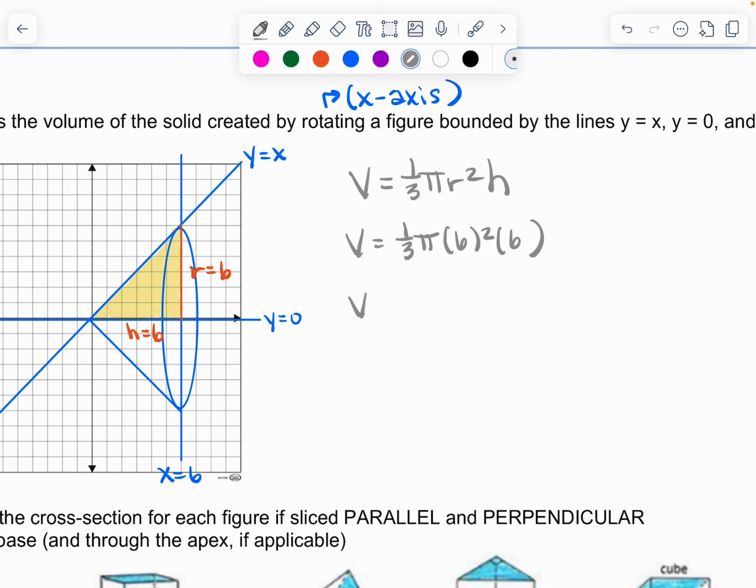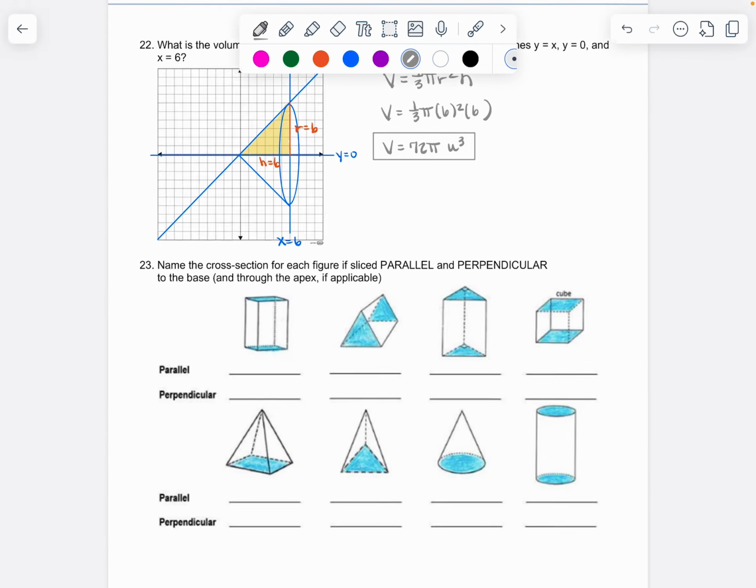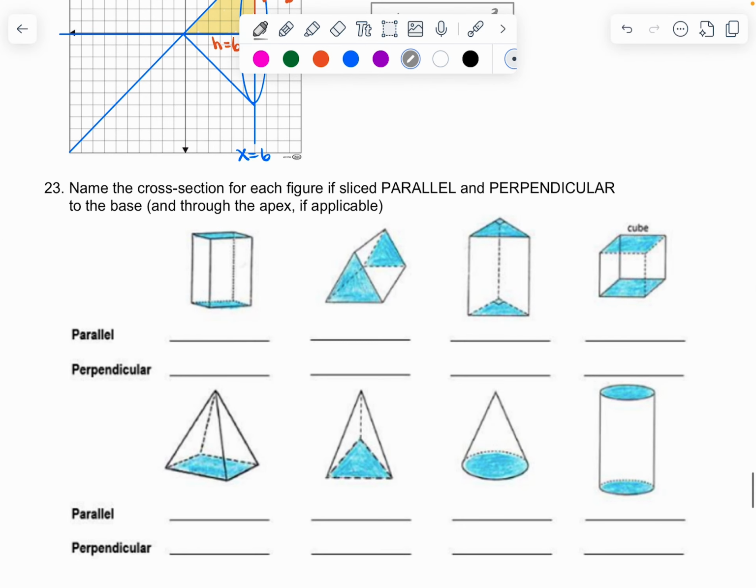So we just have to plug all that information in. So 1/3 pi 6 squared 6. And that's 2 times 36, so 72 pi. And I'm just going to put units cubed since we're on a coordinate plane. So it's an interesting little question, where you have to graph the boundary of that solid first.